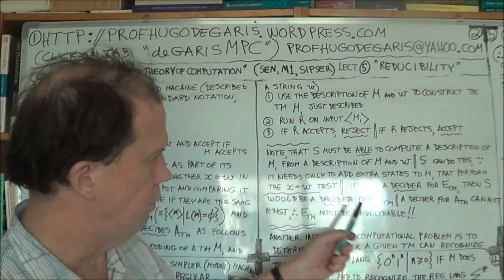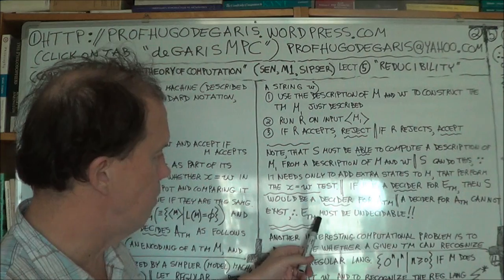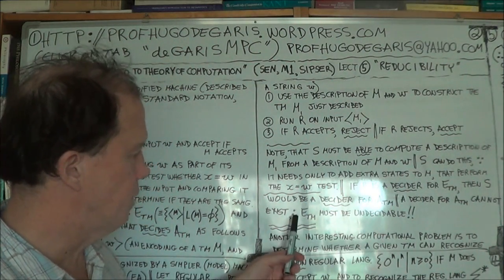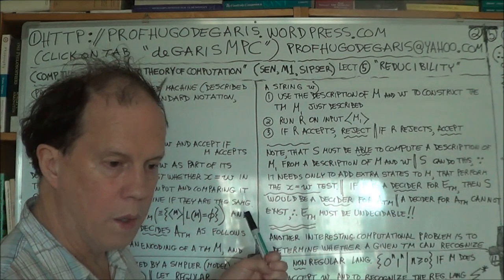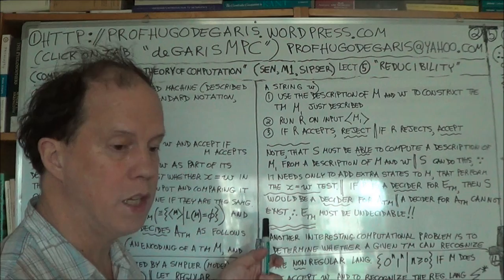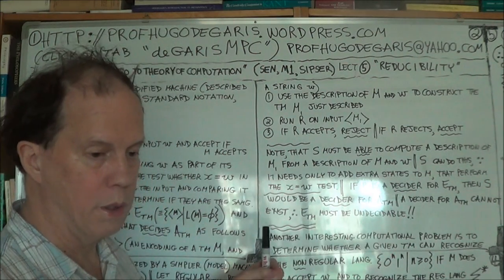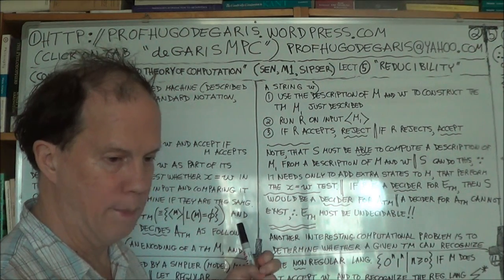And therefore, from the reasoning said before, we know that ETM must be undecidable because we reduced the problem of deciding ATM to the problem of deciding ETM.